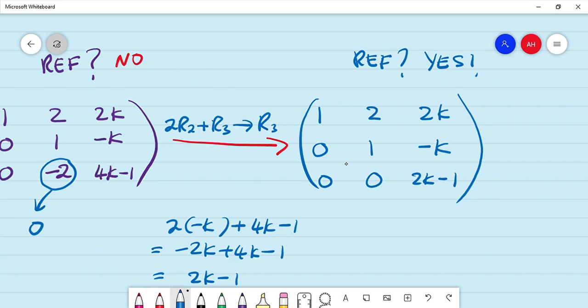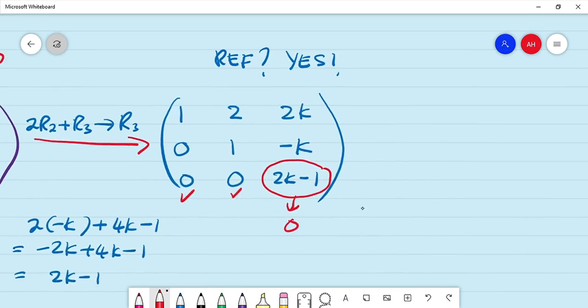So we already have 0 here. Very good. This 0 also we already have. Now this component here also must be equal to 0 in order for us to have a 0 row at the third row.